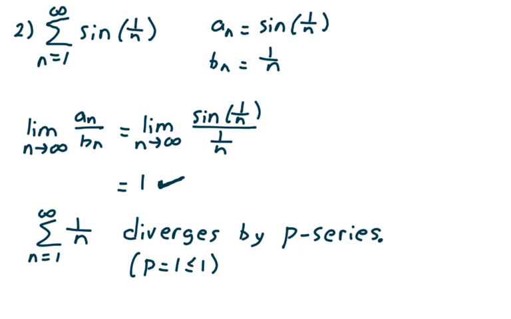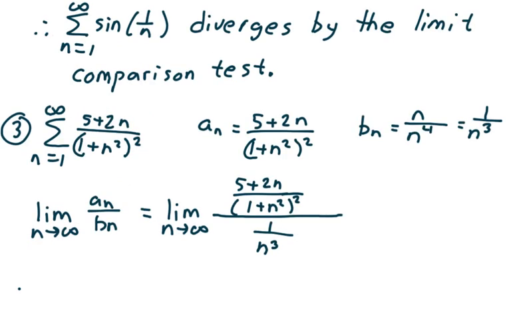But I will tell you that you will get 1 from this limit. Now, what does that mean? The summation from n equals 1 to infinity of 1 over n diverges by p series. p is equal to 1, which is less than or equal to 1. Therefore, the summation from n equals 1 to infinity of sine of 1 over n is going to diverge by the limit comparison test.